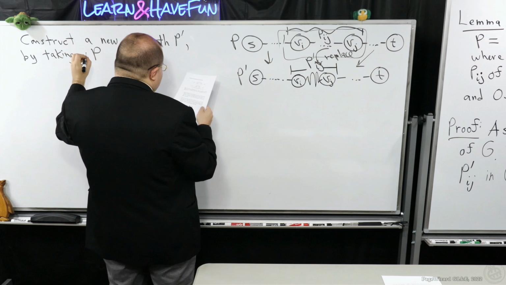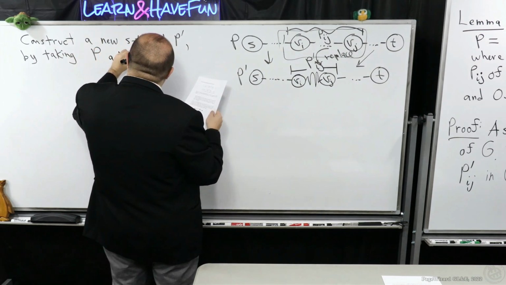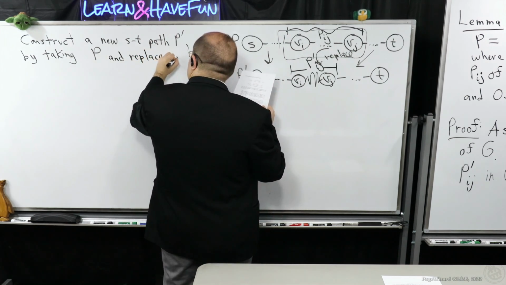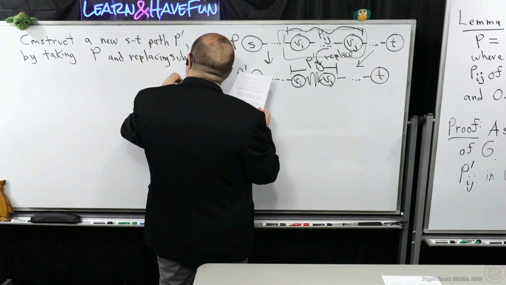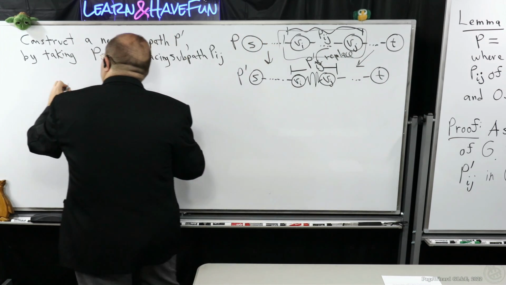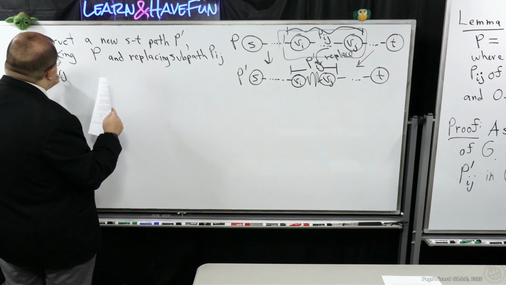So I'm just going to simply take P and replace, I'll say replacing, subpath Pij with P prime ij.